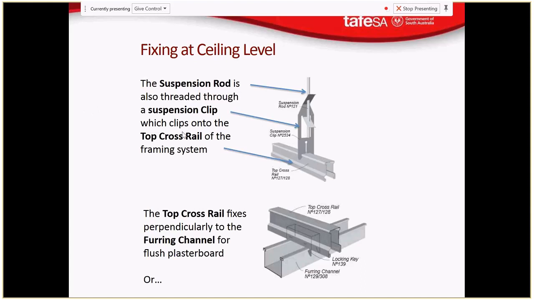The suspension rod is also threaded through a suspension clip, which clips onto the top rail of the framing system. That top rail may join to a cross rail fixed, in this case a furring channel, perpendicular to that top rail, and in this regard it's fixed underneath.